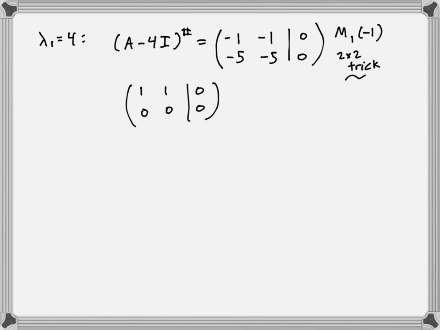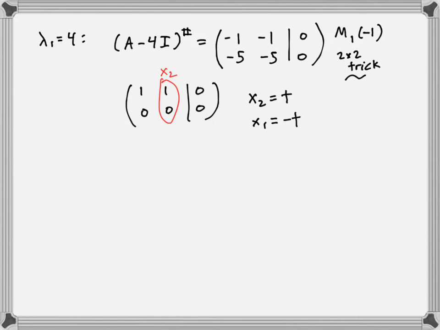But again, this is like a shortcut when you have 2 by 2 matrices, and you're looking for eigenvalues or eigenvectors. So what is the free variable here? The free variable is x2, right? Because there's no leading 1. And so that tells us that x2 is equal to t, and x1 would be negative t.